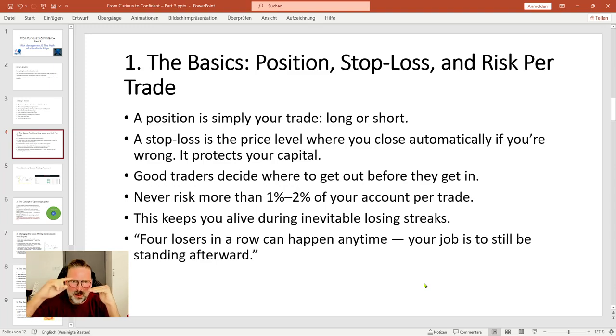So you buy at 10, the market goes down, 9, 8, hits your stop loss level, and your trade is automatically closed for -2. So you lost 2. And that is your risk. The 2 euros or whatever we were risking there, that's the risk of the trade.